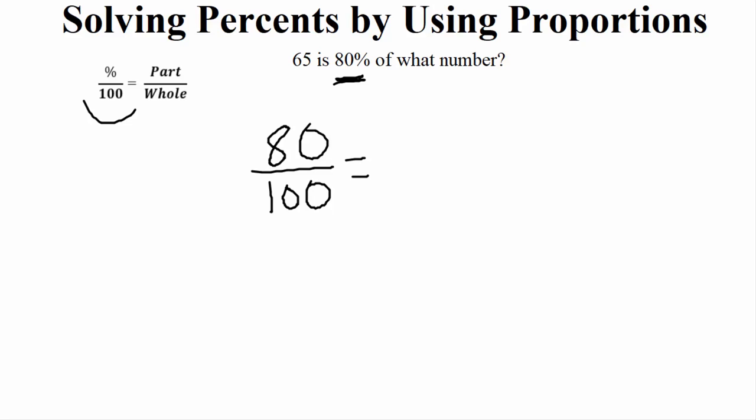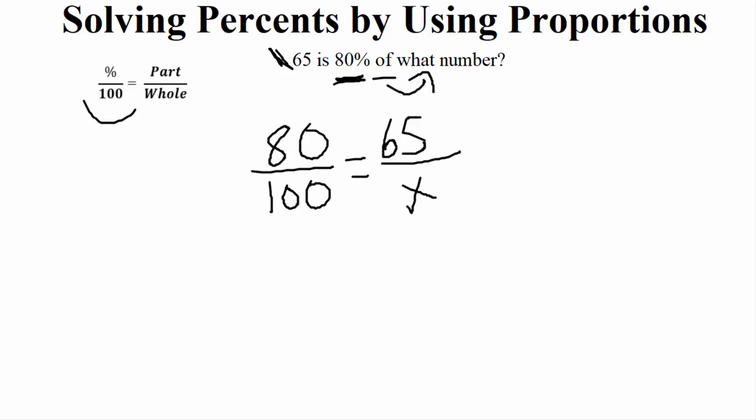So again, looking for the whole first, we look for the word of. Whatever immediately follows the word of is what our whole is. Now, in this particular example, it says what? So that means that's actually what we're solving for. We're solving for the whole, which means this 65 sitting over here, that's the part. So we need to fill in the blank there.